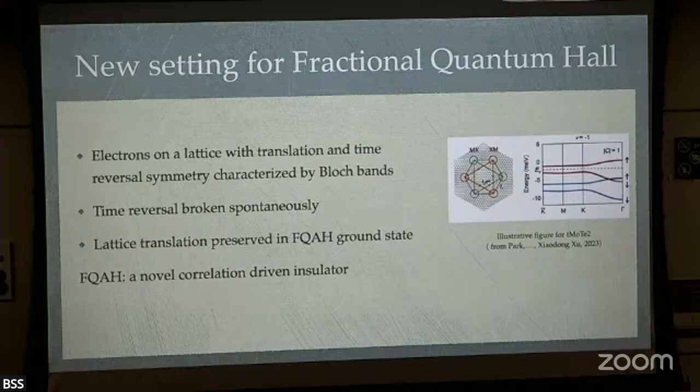And the theory supports the statement that it's not broken, right? So then you have an insulator, a novel insulator, which lives in zero external real space magnetic field, may have Berry curvature or something, but lattice translations remain a good symmetry in the ground state, right? It preserves lattice translation symmetry, and that's new, right? We don't have that in the usual quantum Hall effect.